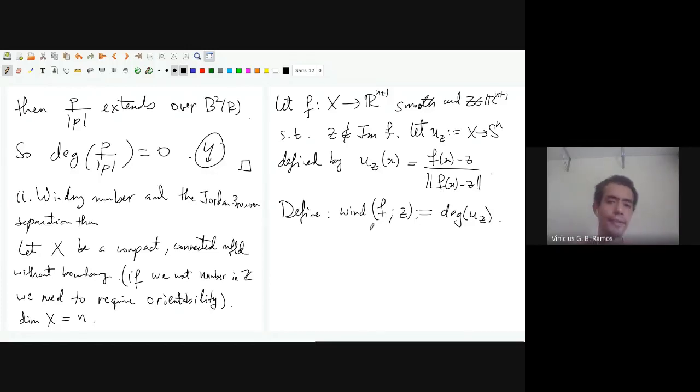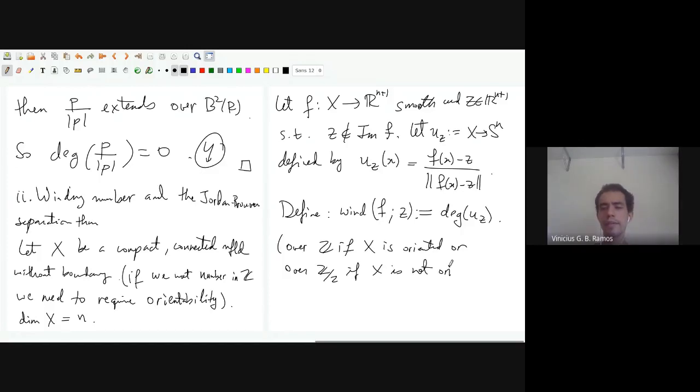And again, you can do it over Z if X is oriented, or over Z_2 if X is not oriented.